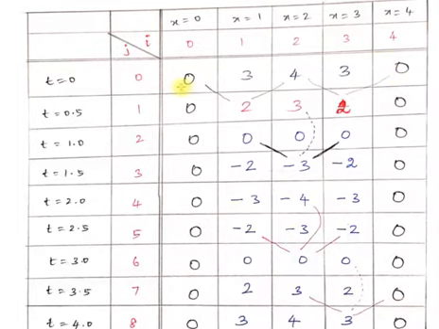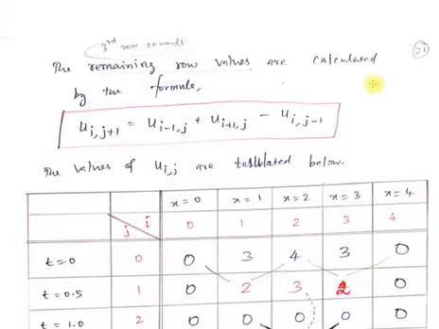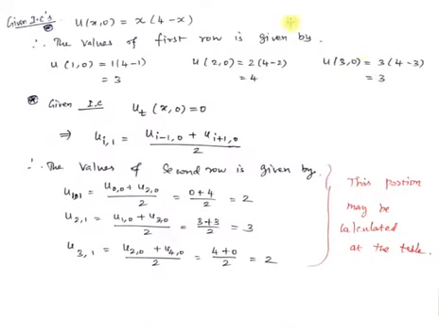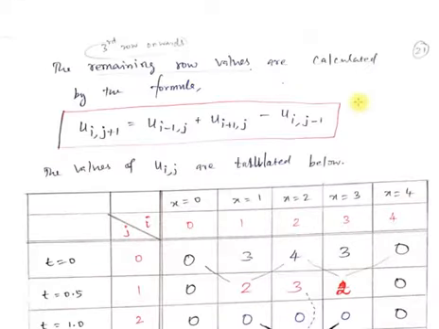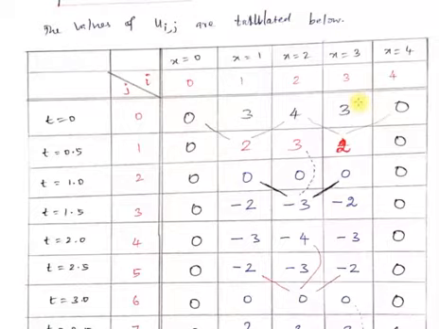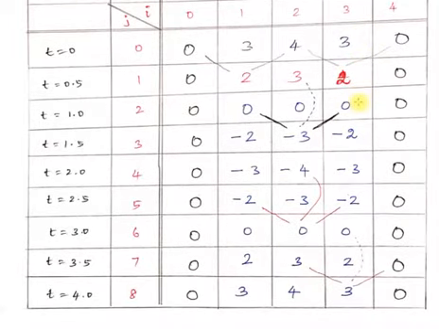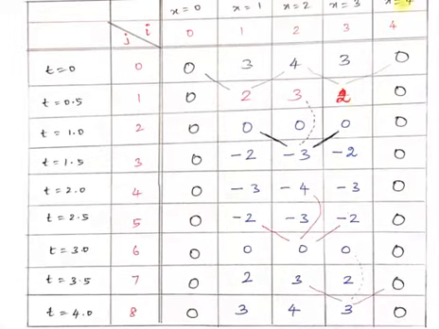The first row value is calculated by u of x comma 0 equal to x into 4 minus x. So 3, 4, 3. So the first row value is 3, 4, 3.